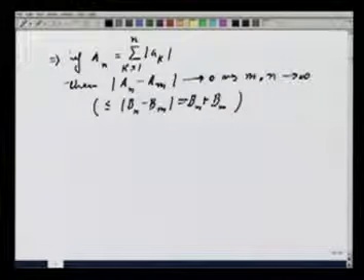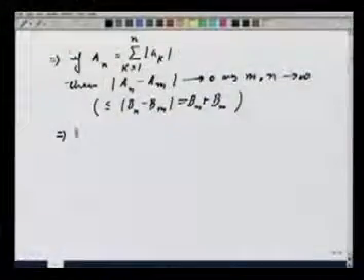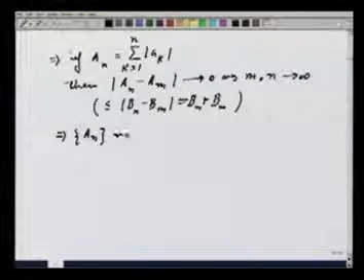Now that quantity goes to 0 because summation bn converges, that means the nth partial sum forms a Cauchy sequence. So modulus of bm minus bn goes to 0, and since modulus of An minus Am is dominated by those things, they also go to 0. So this implies that the sequence An is Cauchy.